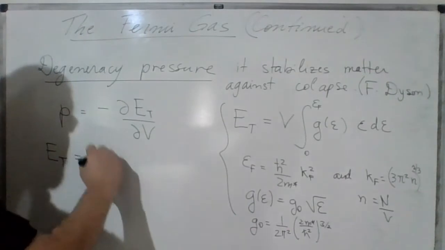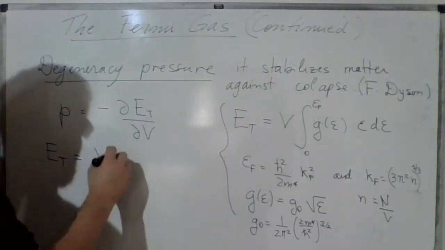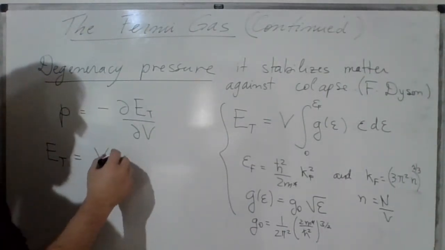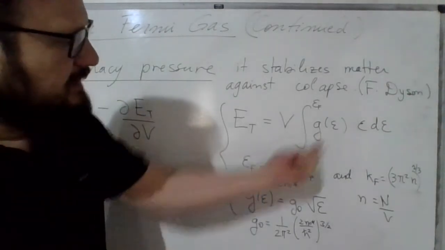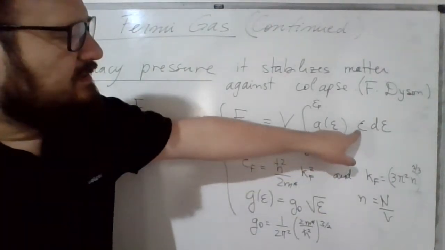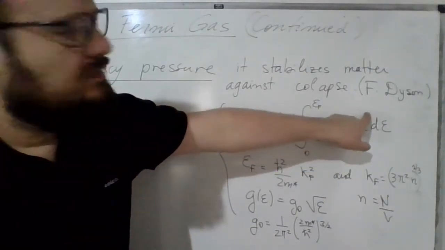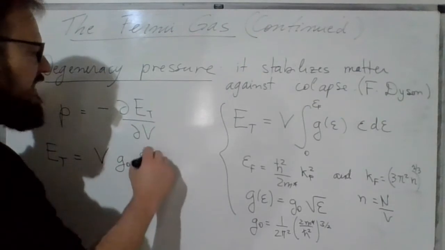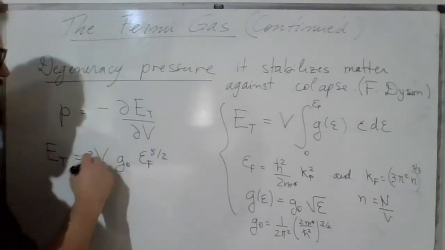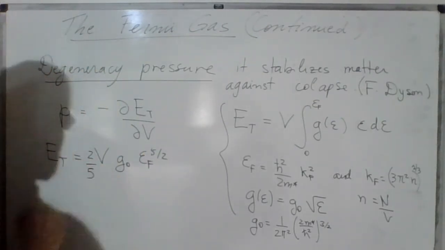So you have volume, you have the G0, because you need to insert that. And you have an integral of the energy to 3/2. So you have the Fermi energy to 5/2 and a factor of 2/5 here.